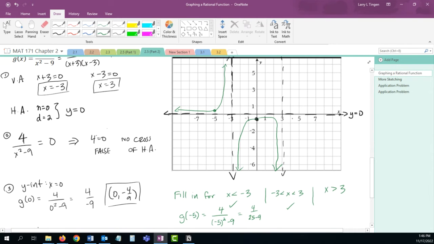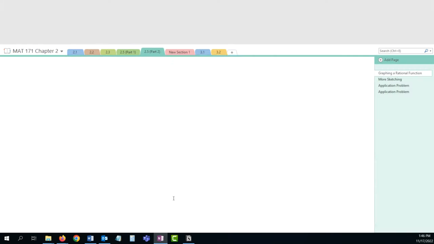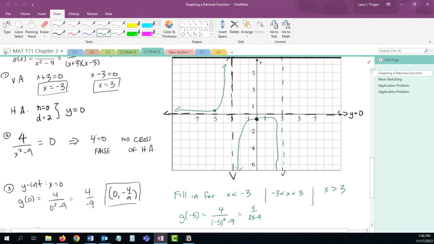How about when x is greater than 3? Let's try it. I'm going to do the same thing I did before. When x is greater than 3, let's come out here to 5 and see what happens.